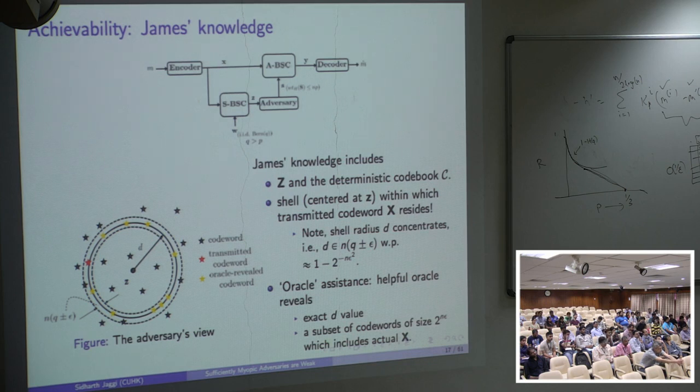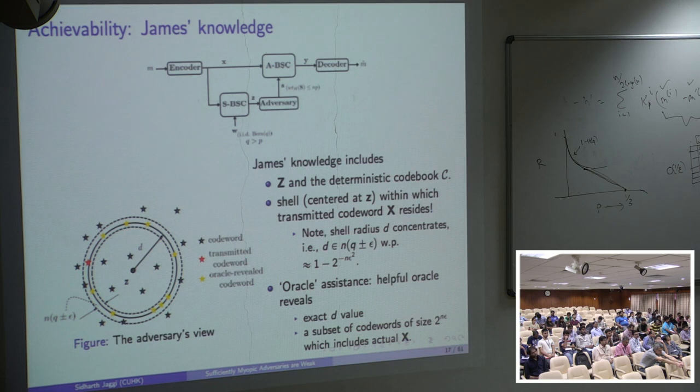This is the fraction of the volume of the space occupied by the shell. The message rate is 1 minus h p, that's what we're going to aim for, or minus epsilon. If you cancel this out, you have 2 to the n times h q minus h p minus epsilon, which I'm going to ignore over here.